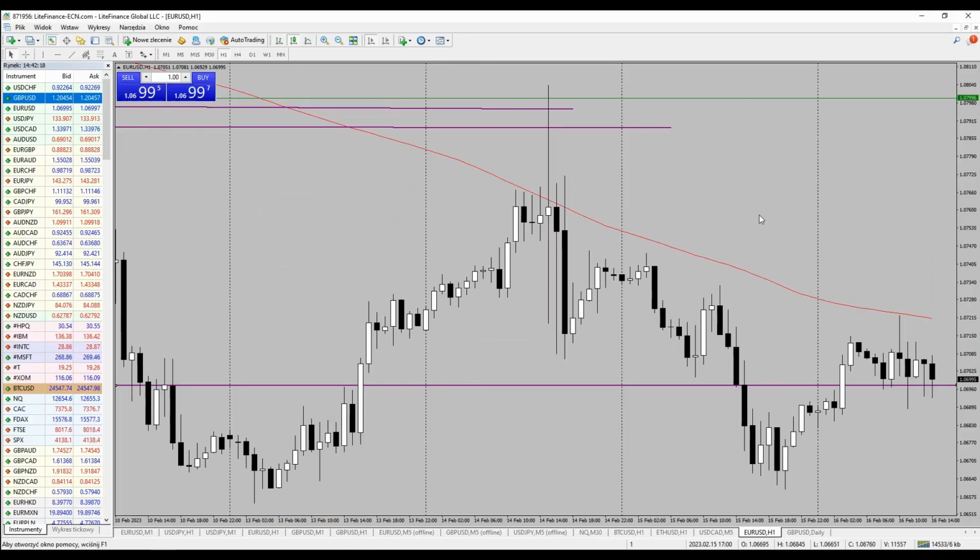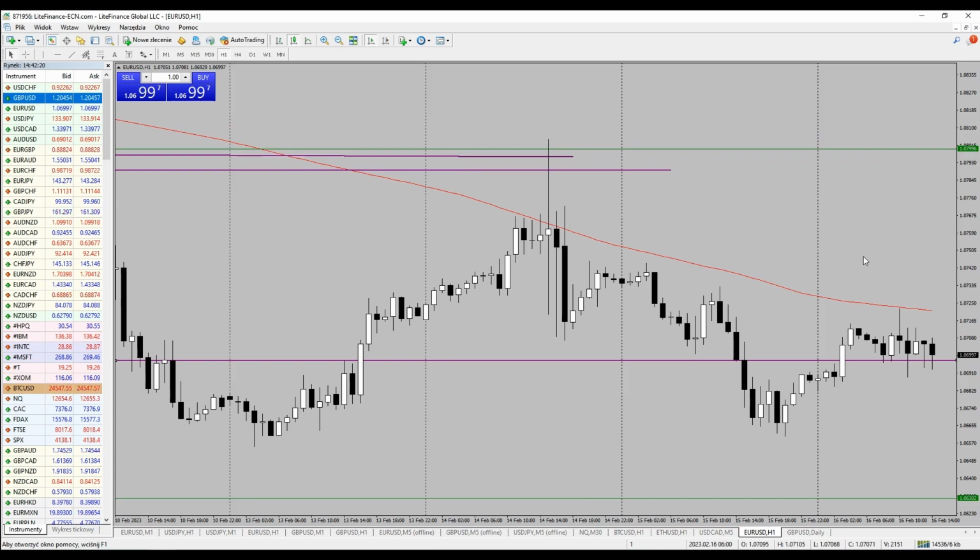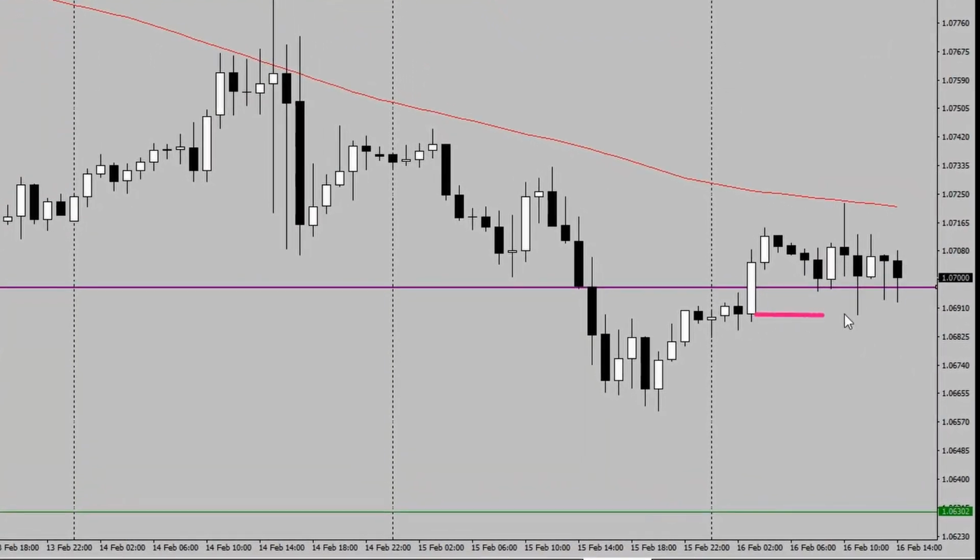Again, let's switch lower. So first things first, we retested and broke and quickly reversed the move. Very quickly reversed the move, all right? So in that case, we are looking for the possible trade based on this upside break.